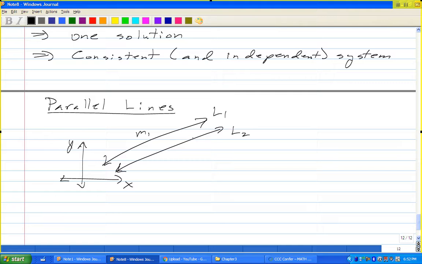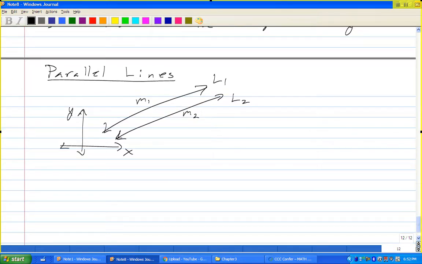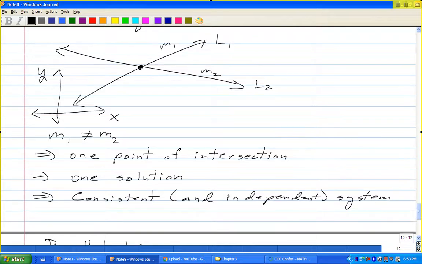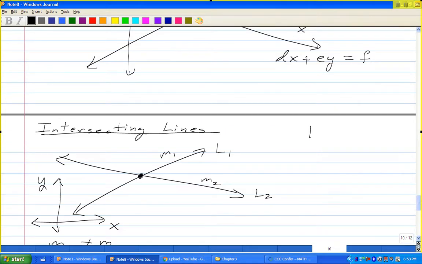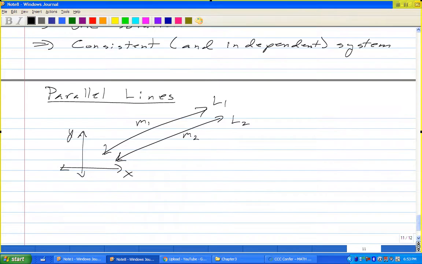Let this be slope M1 and this be slope M2. Then these two lines will be parallel. So this was the case here of intersecting lines, meaning that these two lines were not parallel. Here I'm looking at the case of two lines being parallel.